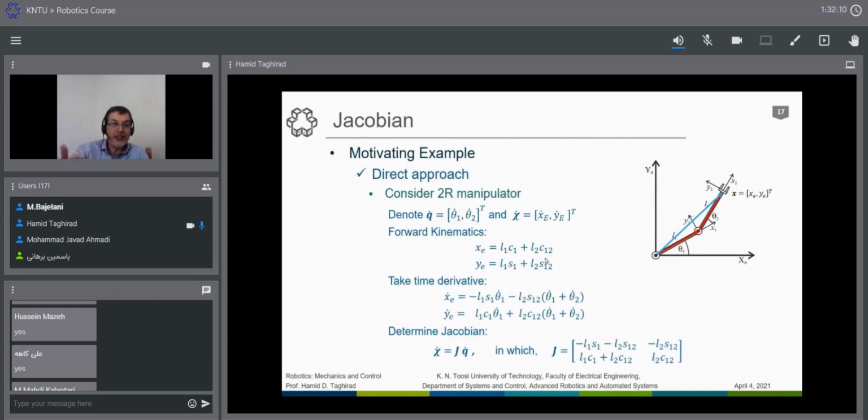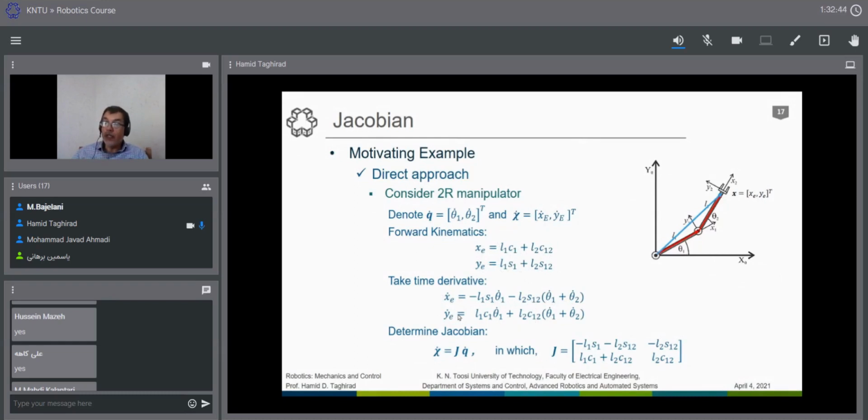If you go to the previous section, we have defined the shorthand notation for the kinematics in here, and ye is equal to this. Component-wise, we simply take the time derivative: xe dot is the derivative of this term, and the derivative of C12 gives minus S12 times theta dot 1 plus theta dot 2. And for ye dot, the derivative of S1 gives you C1, and this goes to this.